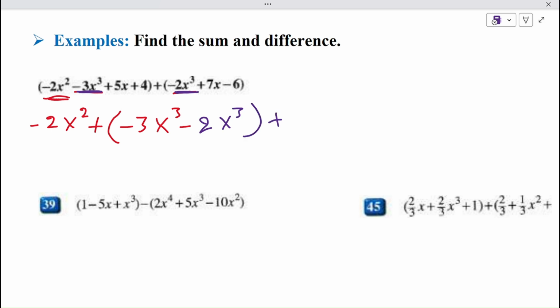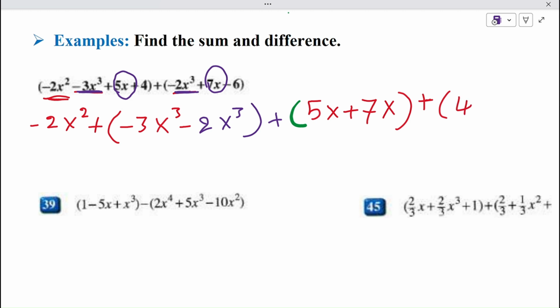Then we have x to the power 1, x to the power 1 again: 5x plus 7x. But don't forget, just look at the sign. Be careful about these signs, okay? And the last one, combine these numbers: 4 minus x.